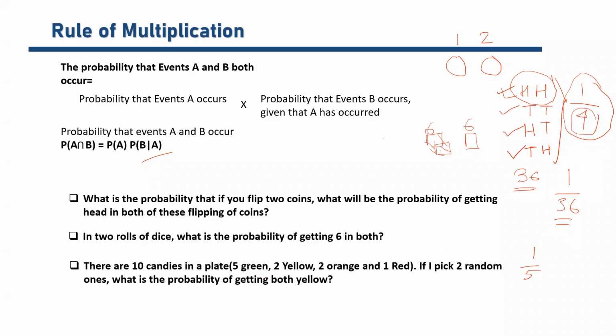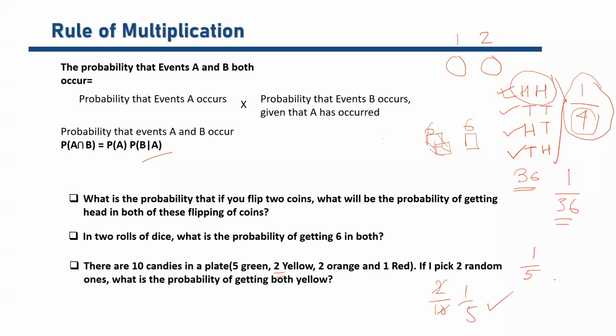Any questions? So you have total 2 yellows, and the total number of outcomes is 5 plus 2, 7, 7 plus 2, 9, 9 plus 1, 10. So it is going to be 2 by 10, which is 1 by 5.